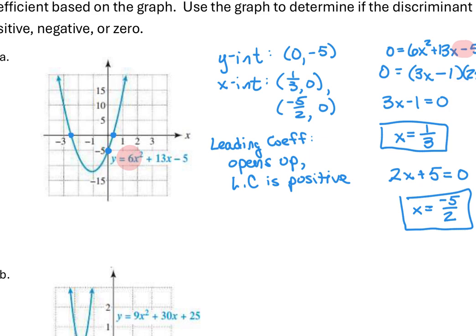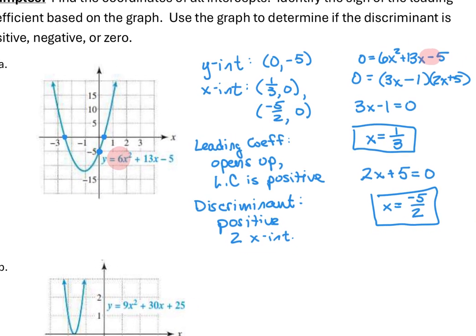The last thing that we want is to know about the discriminant. And so my discriminant is positive because we have 2 x-intercepts. All right, that is the first one.